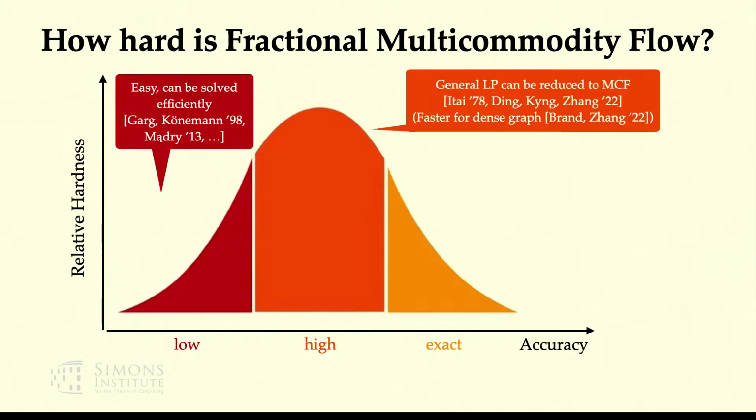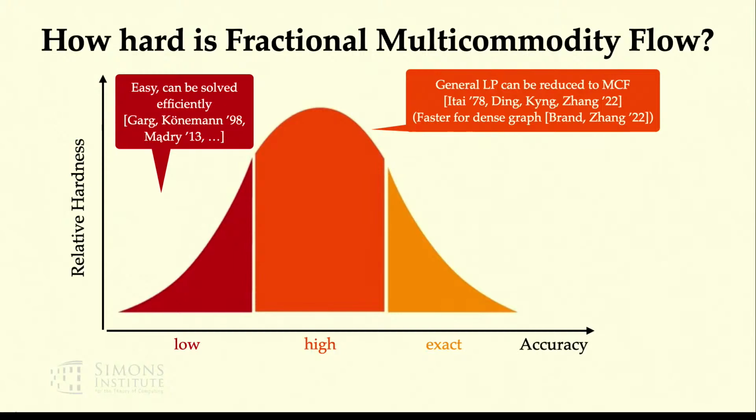Then suddenly you can show that general LP can, in weakly polynomial time, be reduced to these multi-commodity flow problems. This was shown by Itai in the 70s, and just last year by Ding, King, and Zhang, it was shown that you can do that in essentially linear time, and the size doesn't blow up.